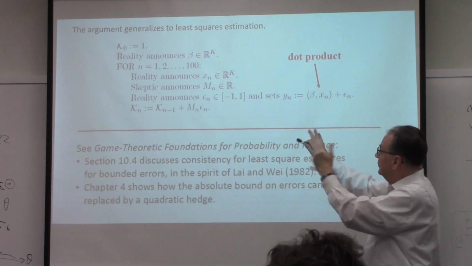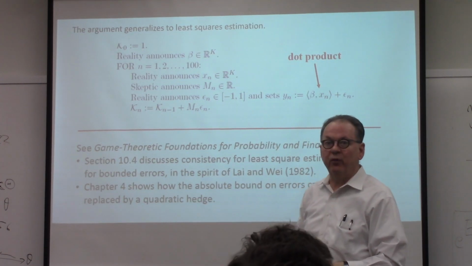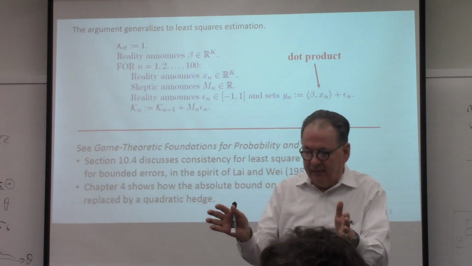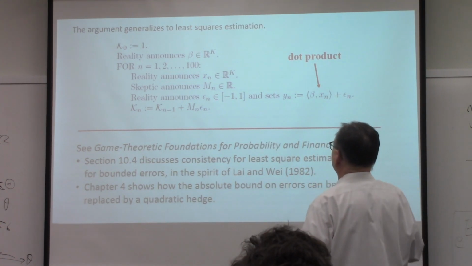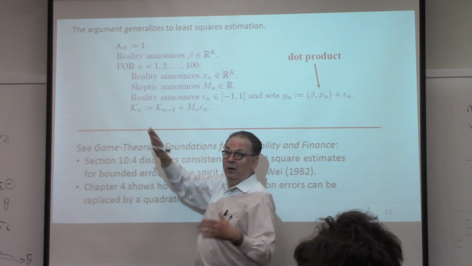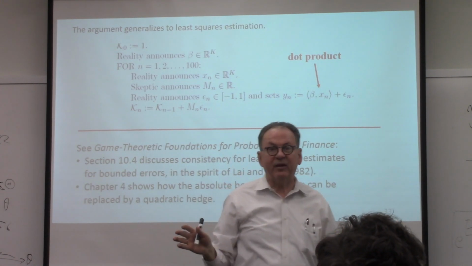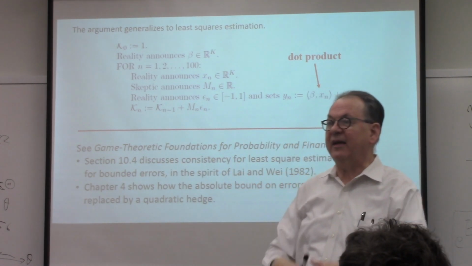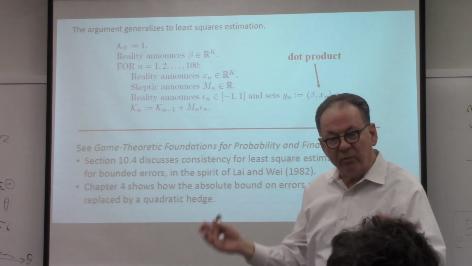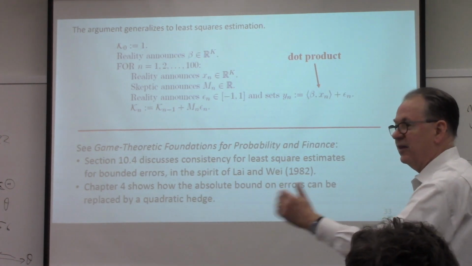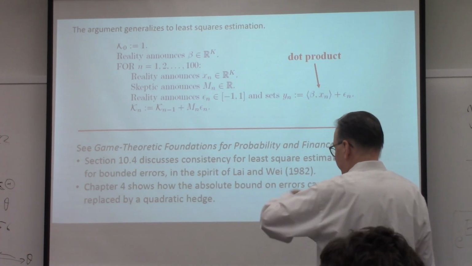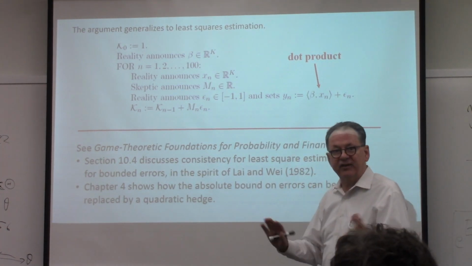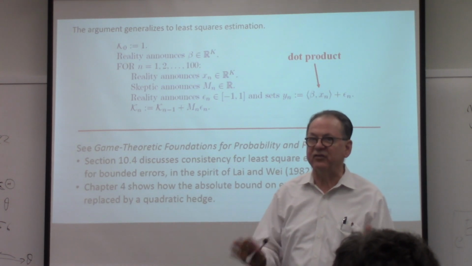You can prove in this model that the least squares estimate will be close to beta, unless skeptic multiplies his money by a large factor. Skeptic has a strategy that will multiply its money by a large factor unless the least squares estimate is a good estimate. So this is a game-theoretic version of least squares, kind of the standard statistician's tool.